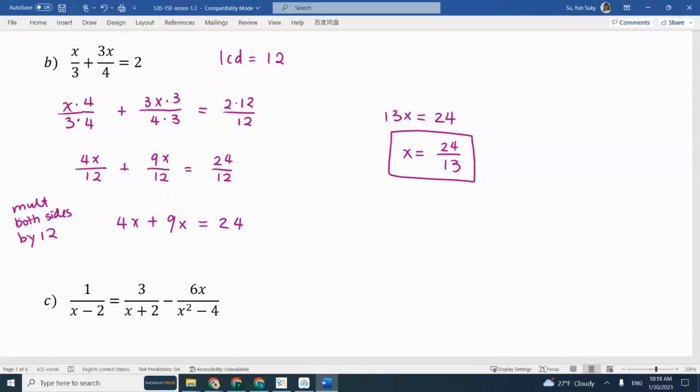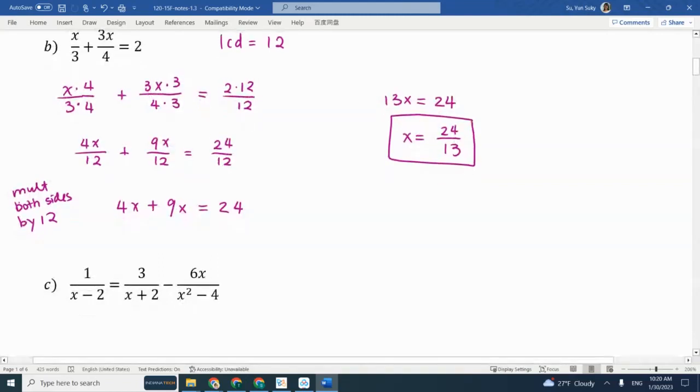That's why the 2 we multiply by 12 and divide by 12. And then here we just multiply the 3 and 3, we get 9x. So this is 24 over 12. All the terms have denominator 12. So the next step, when you multiply both sides by 12, it's like, okay, I just hide all the denominator. Then you have 4x plus 9x equals 24. So we hide all the denominator. We multiply both sides by 12.